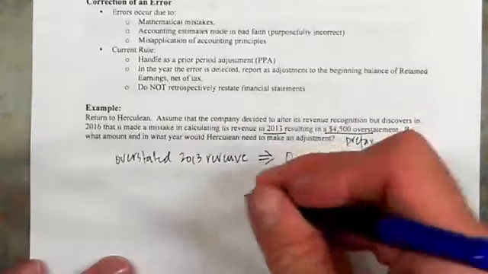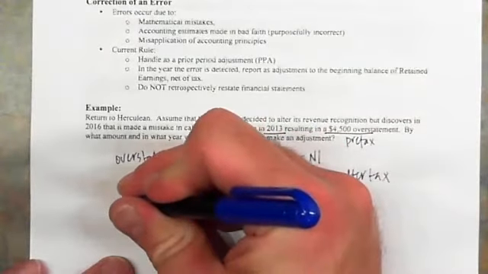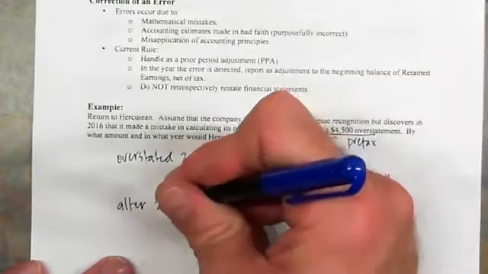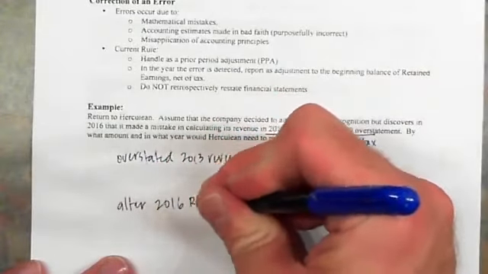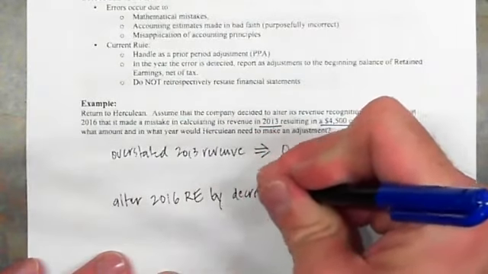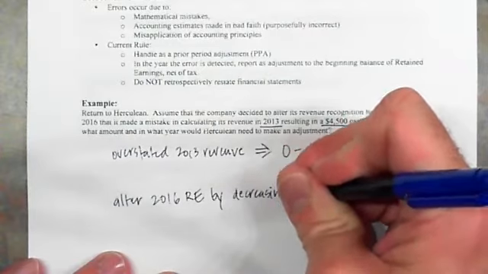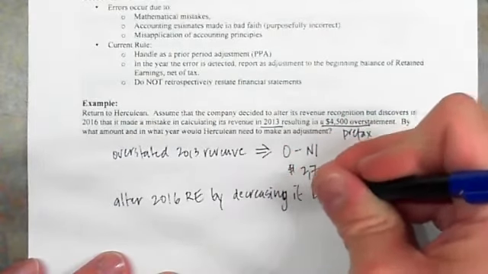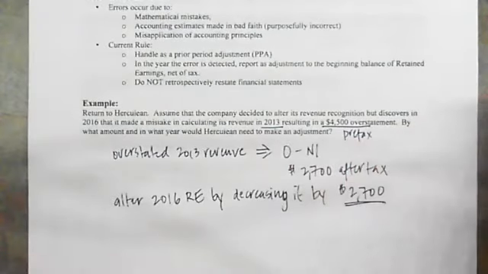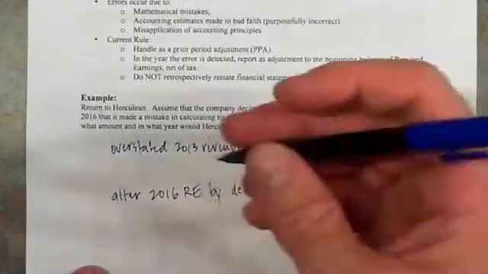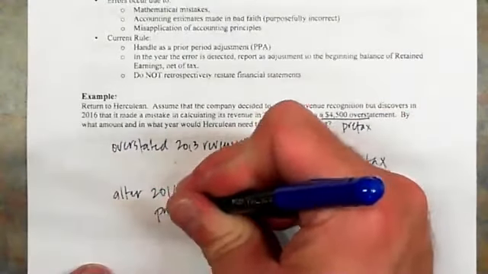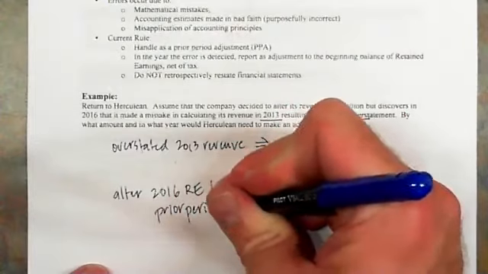We are going to alter 2016 retained earnings by decreasing it by $2,700. Right? We want to do it net of tax. This would be a prior period adjustment. That's what these are called.